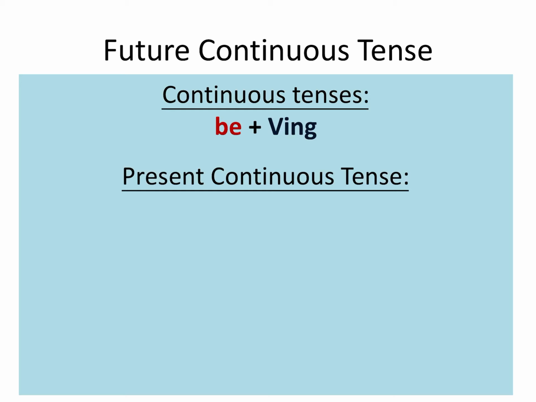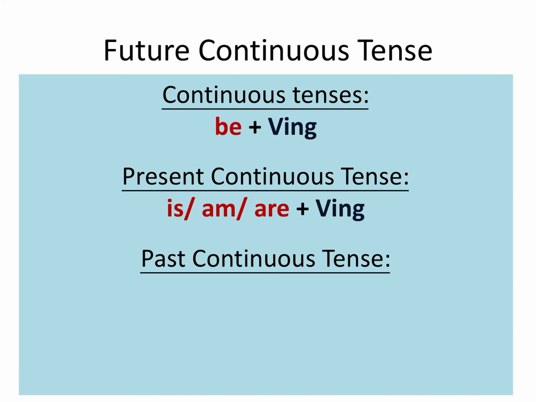That's why the form of present continuous tense is am, is, or are plus ing, where be is changed to is, am, or are to tell you that it is at present time, while the form of past continuous tense is was, were, plus ing, where be is changed to was or were to tell you that it happened in the past.